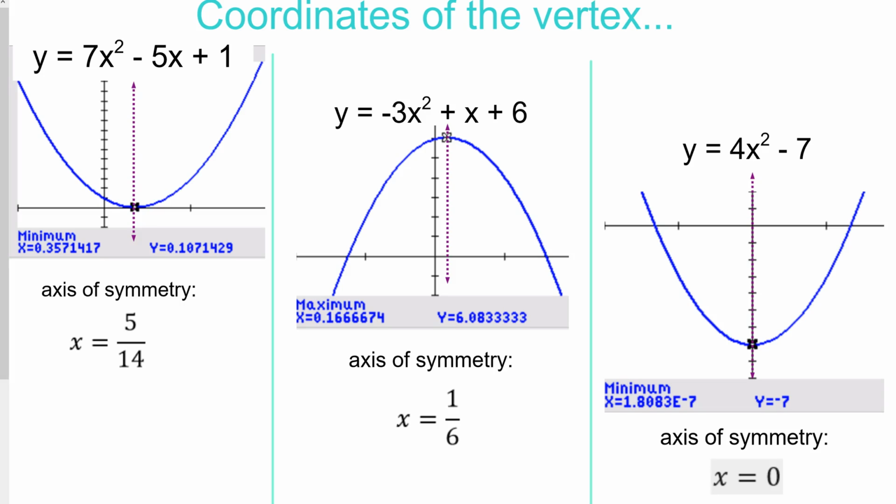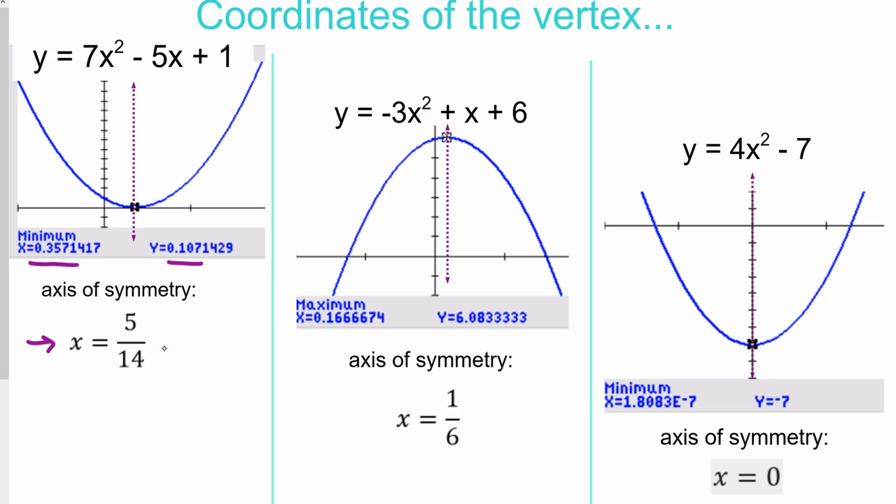So we see with the first equation, it opens up. You have a positive 7 as the leading coefficient. We see the axis of symmetry has equation x equals 5/14. And actually, the calculator gave me the coordinates of the minimum. And that minimum x-coordinate, 0.357, blah, blah, blah, that's actually 5/14.